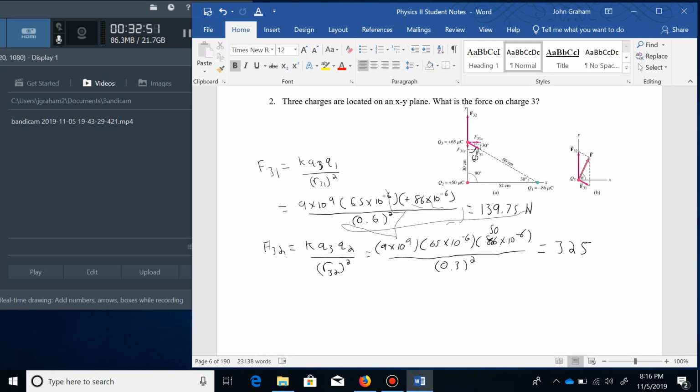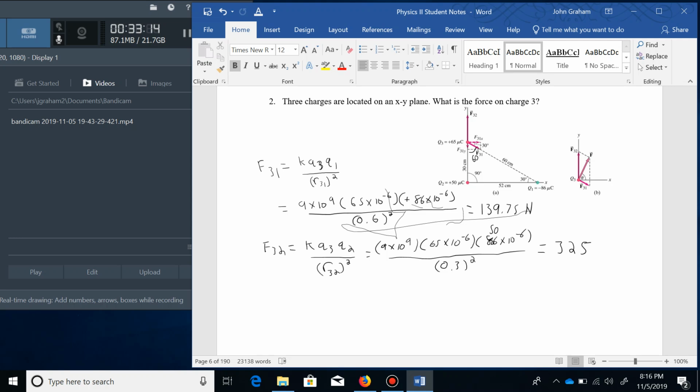Right, now, these two are the forces being on to Q3. Now we have to put them together to get the force overall. And so this is where we're going to have to break up the forces into components.